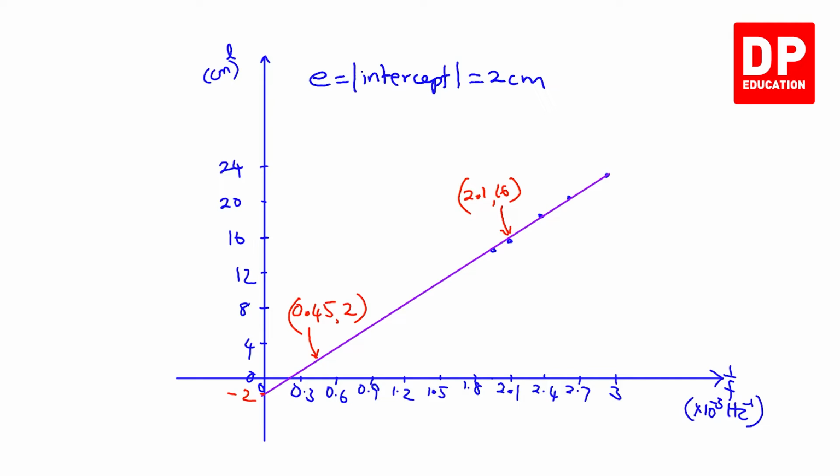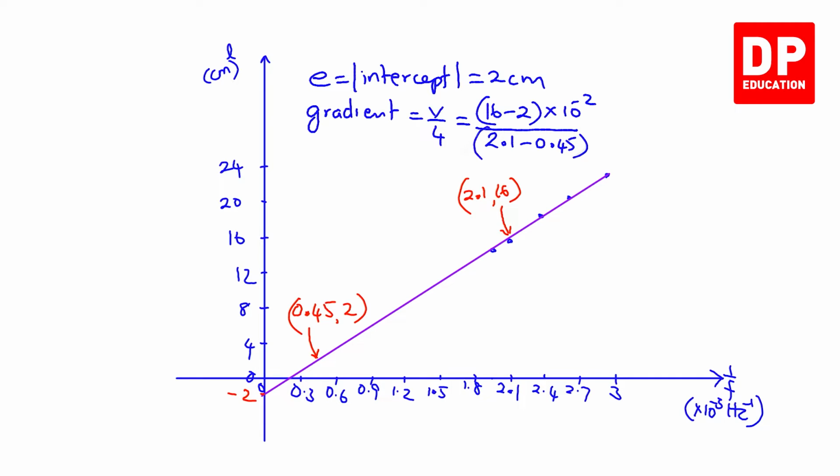And then the gradient, which is V by 4, 16 minus 2, that's in centimeters. Convert that to meters, over 2.1 minus 0.45 into 10 to the power minus 3. Don't forget that.